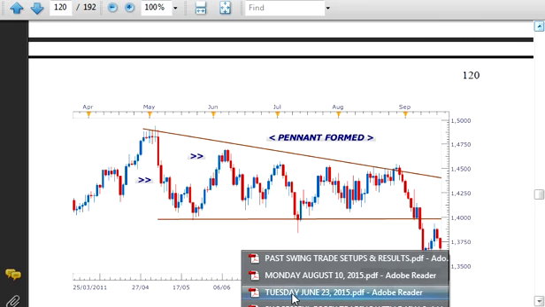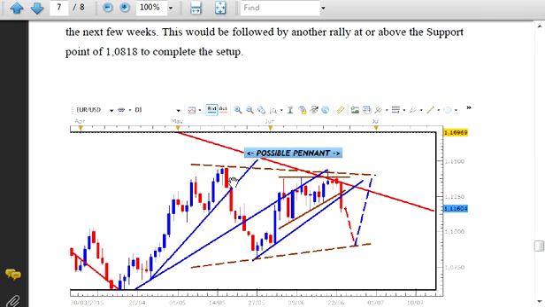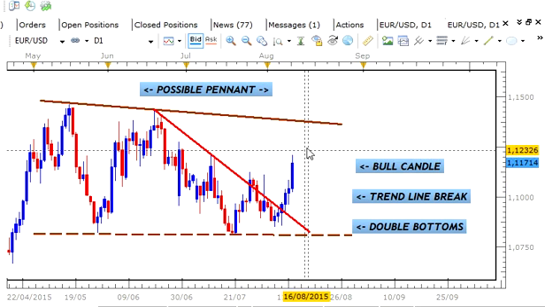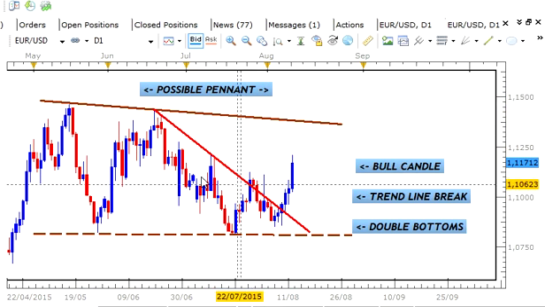Based on what I had seen in June this year, with this bearish wave followed by this strong bullish wave, a pennant setup was exactly what I had projected to take place. So what was needed was a bearish wave followed by a bullish wave to complete this overall setup. This is exactly what is now finally taking place on this pair. So with a rally that takes us to the resistance boundary, we would complete that projected consolidation setup.